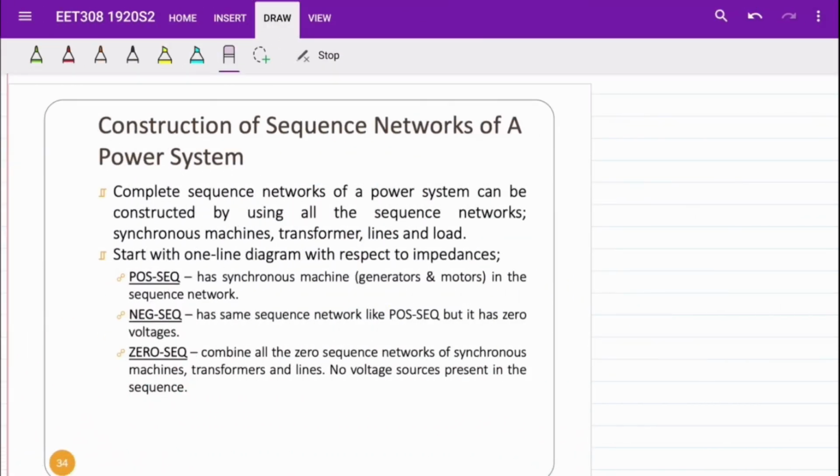As conclusion, we can use one line diagram to simplify the three-phase system. The diagram must be constructed with respect to the sequence network. For positive sequence network, the one-line diagram must include the synchronous machine, such as generators and motors.